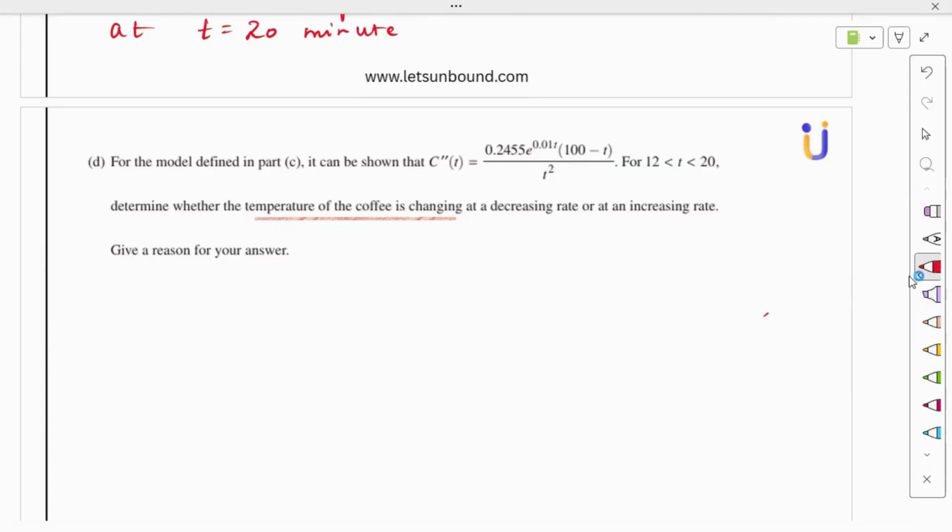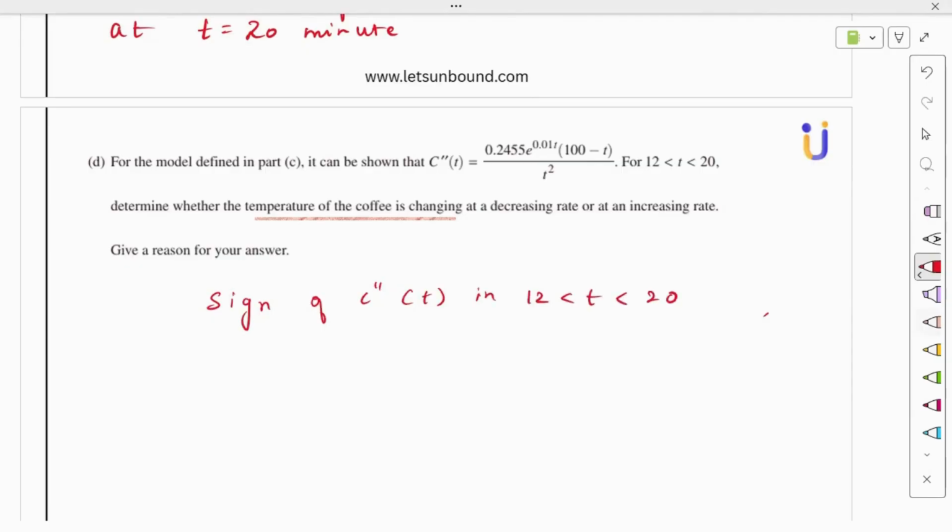So we need to check the sign of C''. I hope you remember, if velocity is positive, acceleration is positive, so we say speeding up or slowing down. Same process. Let's do the sign of C''(t), analyzing only the interval 12 to 20.